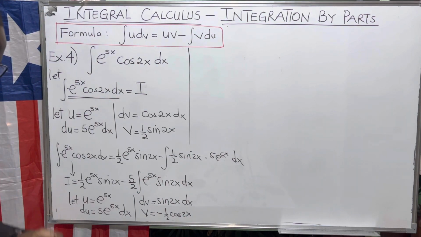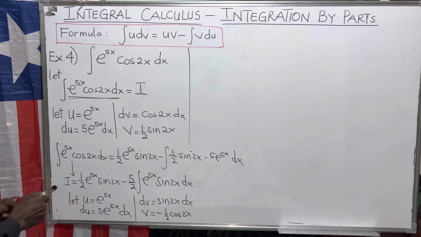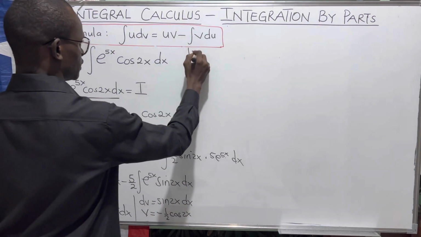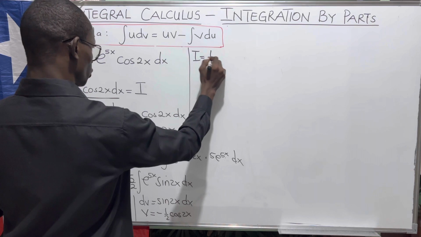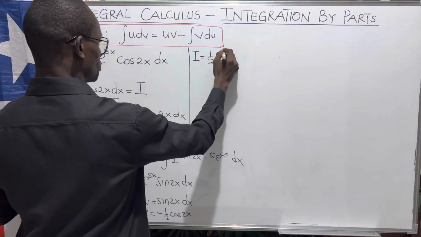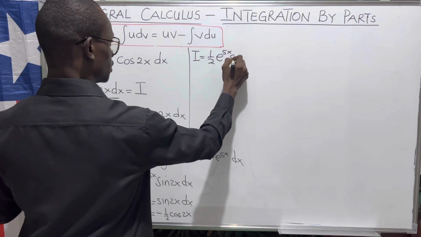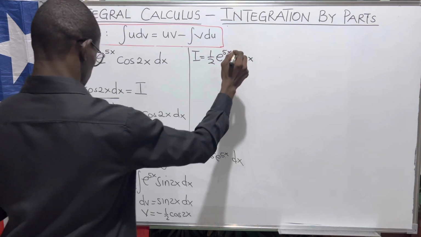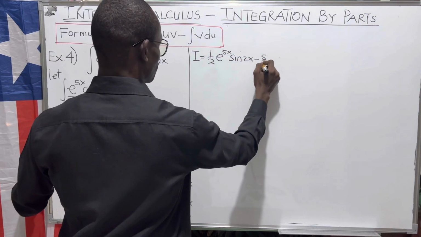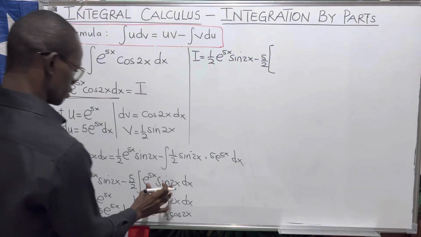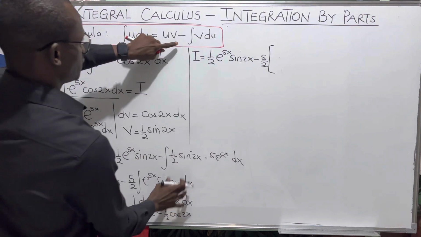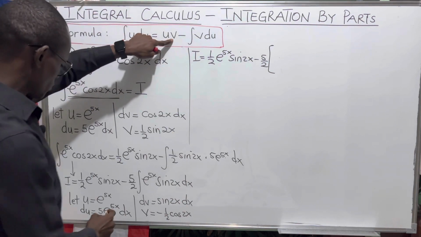When I put it in, I get r equals 1 over 2 e raised to the power 5x sine of 2x minus 5 over 2 times this expression, uv. What is my u?